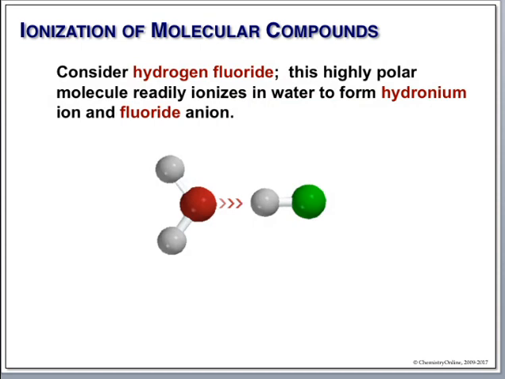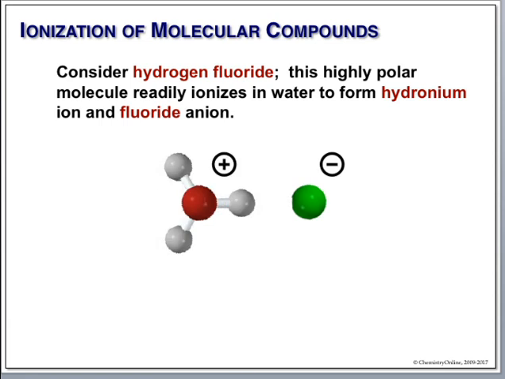So here's a simple animation of a water molecule hydrogen bonded to an HF. Just like we saw with water bonded to itself. And the same thing can happen. The slightest bit of energy put into the system, this hydrogen can be transferred from HF, breaking the covalent bond to form hydronium and fluoride anion.